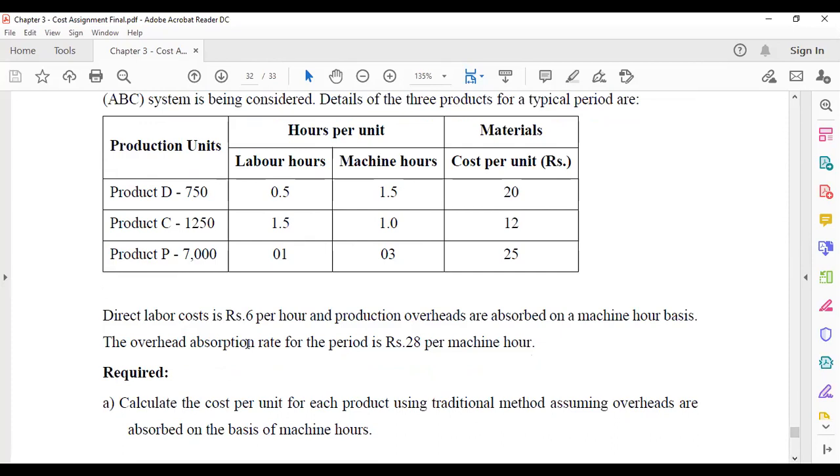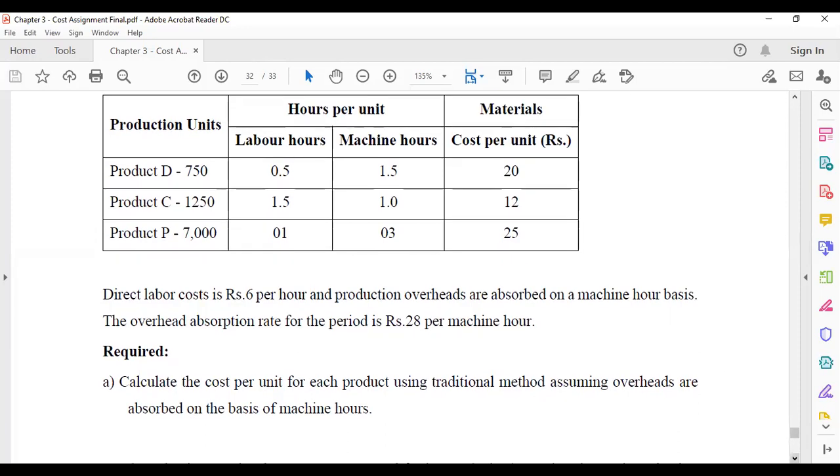So you have worked out the predetermined overhead absorption rate, the OAR, which is 28. Then it asks you to calculate the cost per unit for each product using the traditional method, assuming overheads are absorbed on the basis of machine hours.